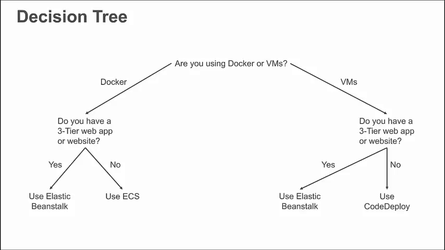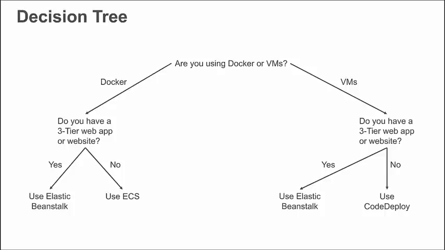Again, I want to reiterate that all three of these services are very flexible, and two or perhaps even all three of the services might be capable of meeting your deployment needs. That being said, each service has unique capabilities that make it a good fit for particular deployment patterns.